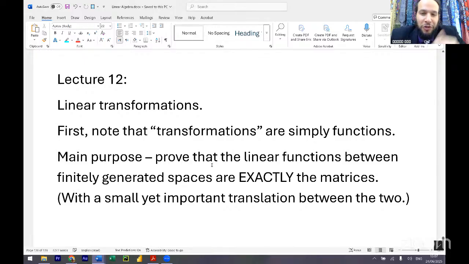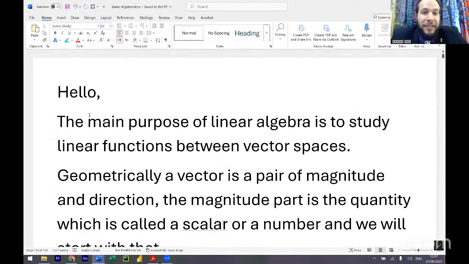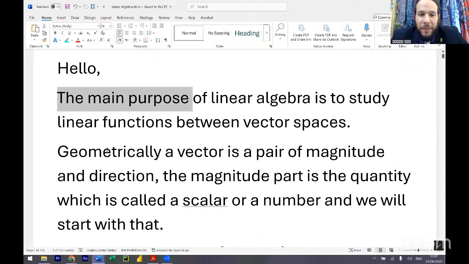I just scrolled the file a bit before I started the class, and I looked at the first page. And remember, other than saying hello, the main purpose, wow, it's even the same thing. I didn't notice. The main purpose of linear algebra is to study linear functions.